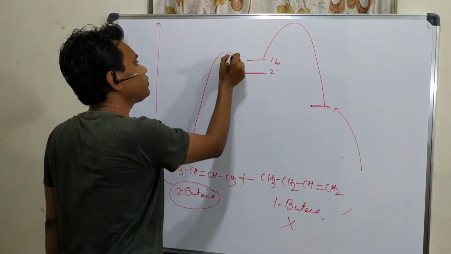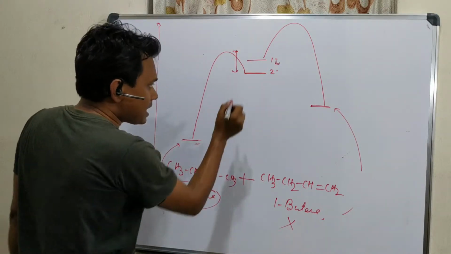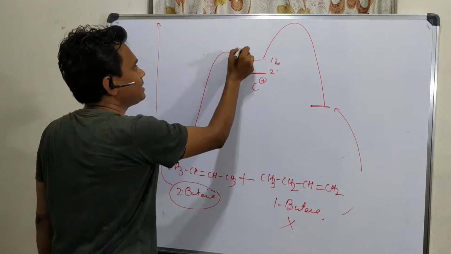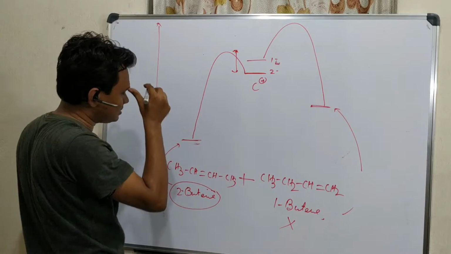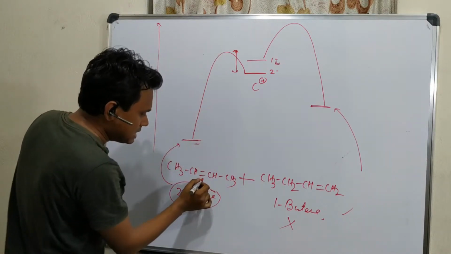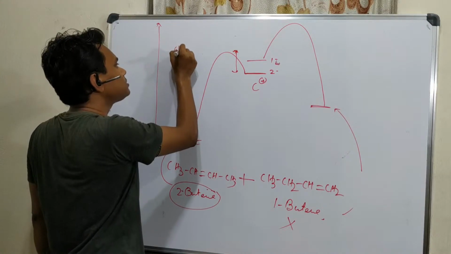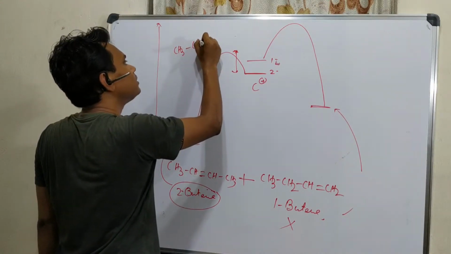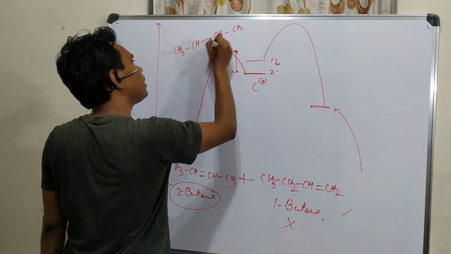Secondly, this is the energy of activation for the conversion of this carbocation to alkene, and this is a transition state. If we consider the transition state here, it actually resembles this butene. What do I mean? This is CH3, this is CH, this is CH, CH3.